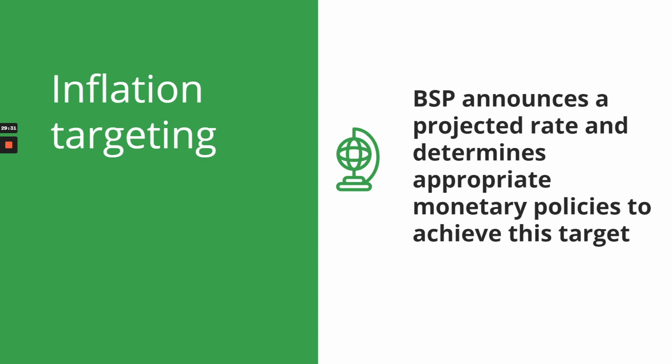If it is higher than our 4% target, say 6%, what they are going to do is increase the interest rate to reduce the supply of money. That is going to lower the inflation.